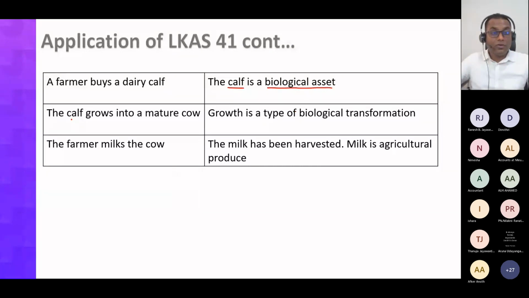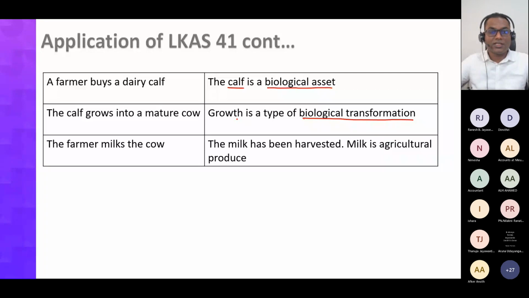Then this calf, small cow, grows into a mature cow. What is this process? There's another name for this process. This is actually biological transformation. So the biological transformation can comprise growth, calf grow into a cow, production, cow can produce milk, procreation, cow can give the birth to another calf.